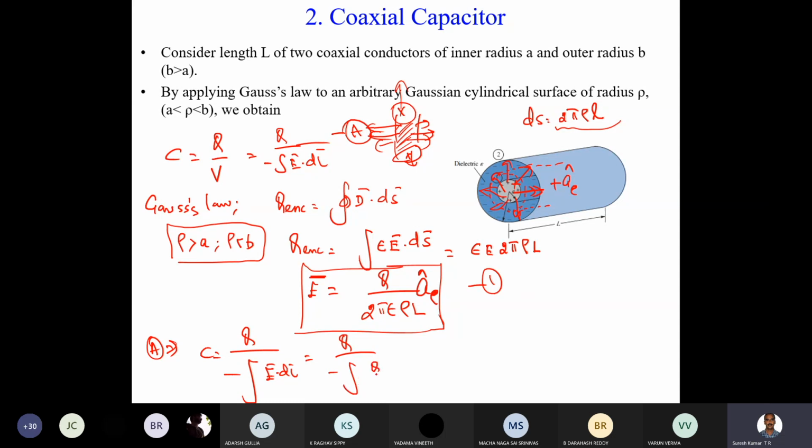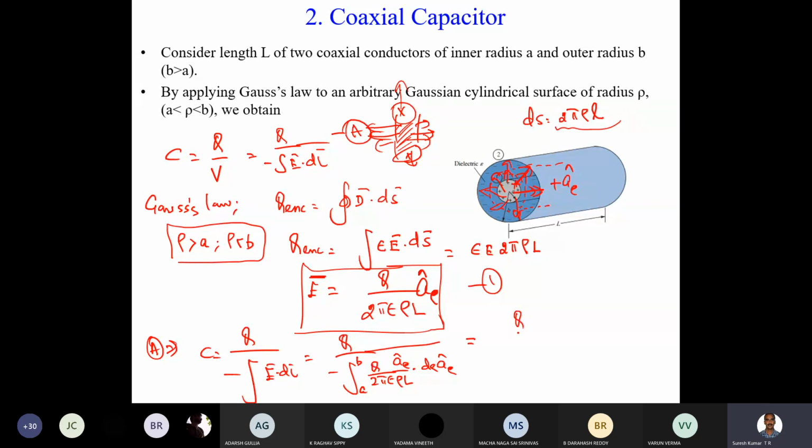E vector is Q over 2 pi epsilon rho L into a rho, dot d rho into a rho, because we need to integrate along this radial direction. What is the integral limit? Is it A to B or B to A? It is from A to B, right? So the lower limit is A and the upper limit is B.